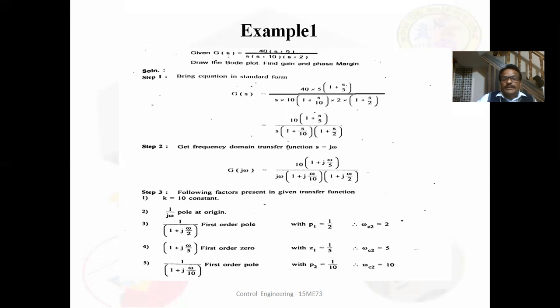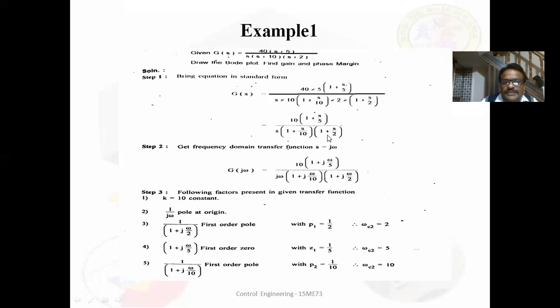First, check whether the given transfer function G of s is in standard time constant form or not. It is not in standard time constant form, so bring it to standard time constant form. So G of s is equal to 40 into 5, 1 plus s by 5 divided by s into 10, 1 plus s by 10 into 2 into 1 plus s by 2.